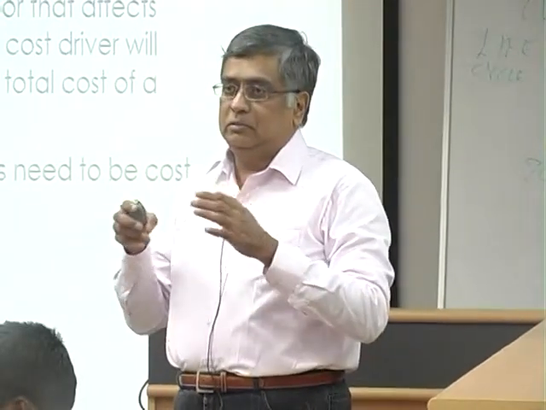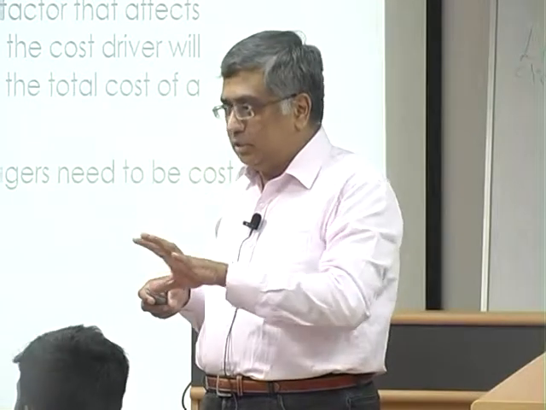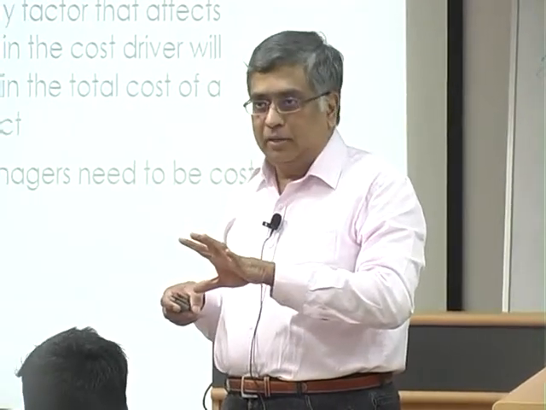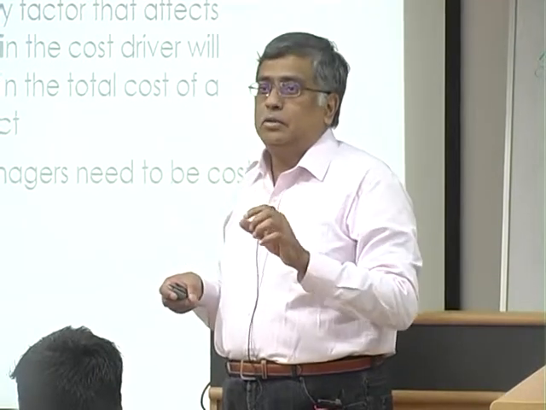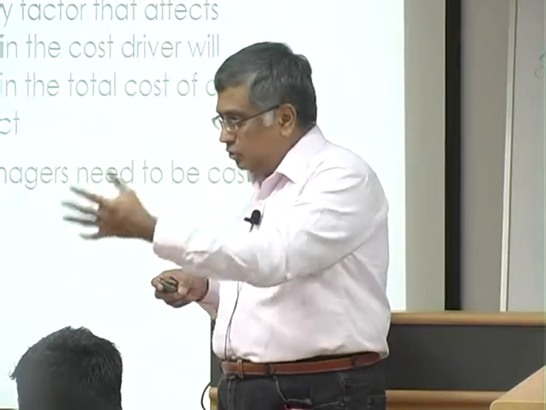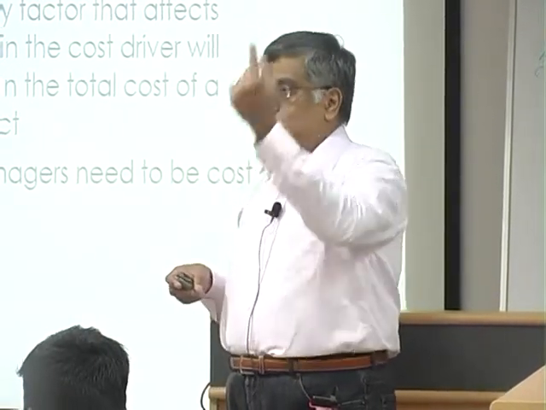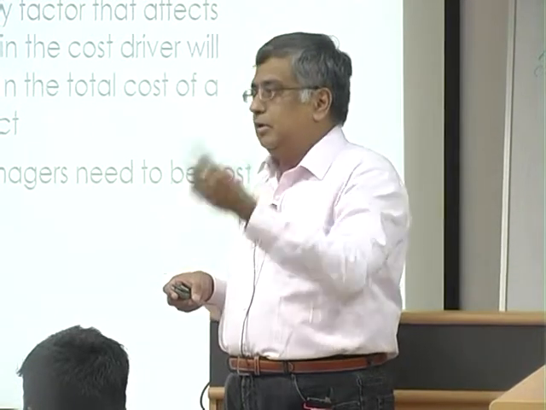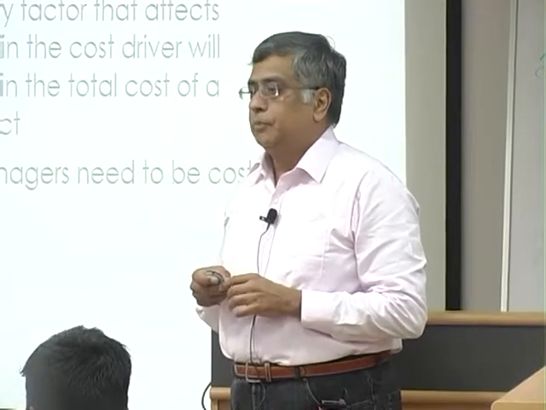For example, in plain statistics language, you know what's an independent variable and dependent variable, right? Everybody knows that, right? Here the dependent variable is cost and the independent variable will be the cost driver. Okay, if something has a direct influence on cost and you're able to identify that, what happens? A unit increase in the cost driver will result in a unit increase in the cost as well.